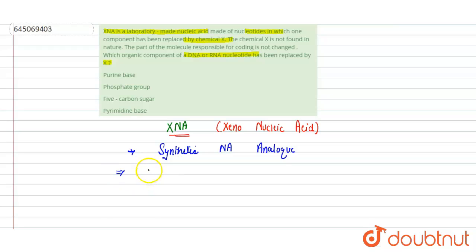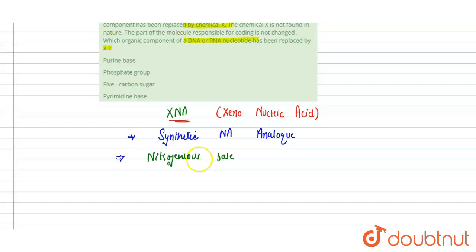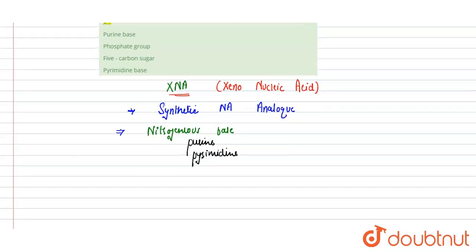If we see the normal nucleotide or normal nucleic acid, it is made up of 3 basic components. First is the nitrogenous base, and the nitrogenous base could be purines and pyrimidines. Second is the sugar.